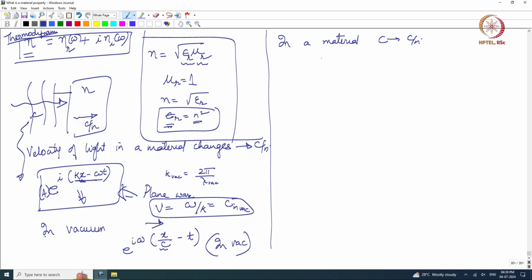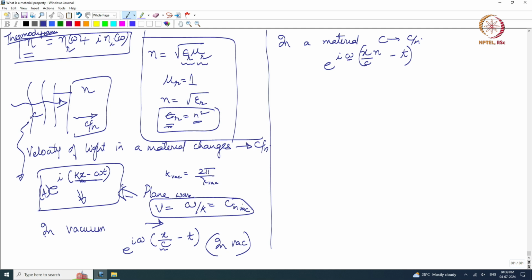So the plane wave propagates in the material as e power i omega (x by c by n, minus t). Okay. All right. So omega by c I know from here.